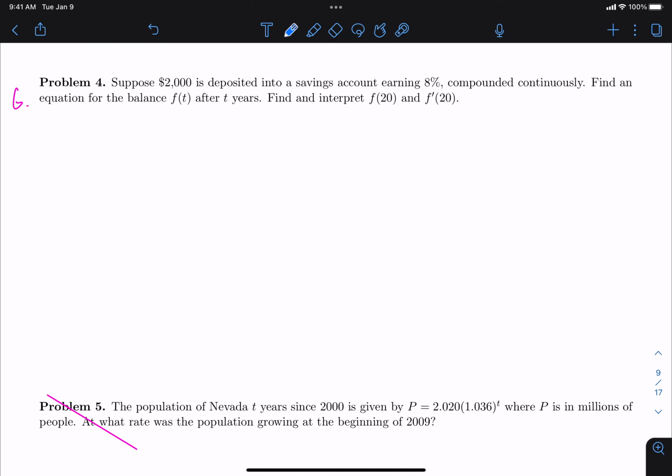So P of t is just equal to our P naught, right, times e to the kt, where our P naught is our original investment. So what's our original investment? Yeah, so we're gonna put that in for P naught. So it's going to equal 2,000 where we see P naught. And then what's our interest rate? 8%, right? So how do we get k from 8%?